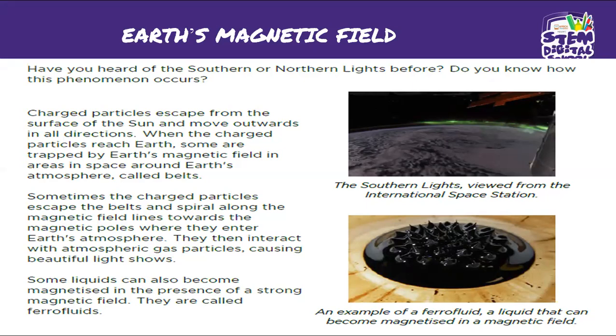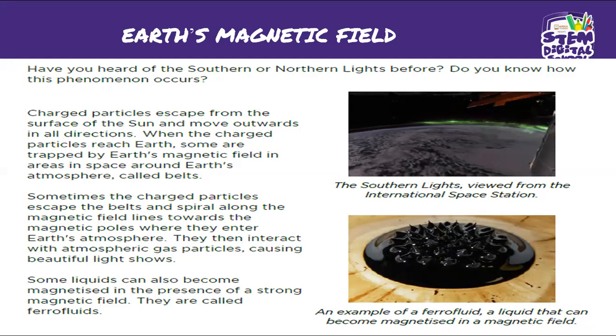This sentence is saying that charged particles escape from the surface of the sun and move upwards in all directions. Since the sun is above the Earth, when the particles escape they move in all directions, so when they reach the Earth, definitely some will move towards it.